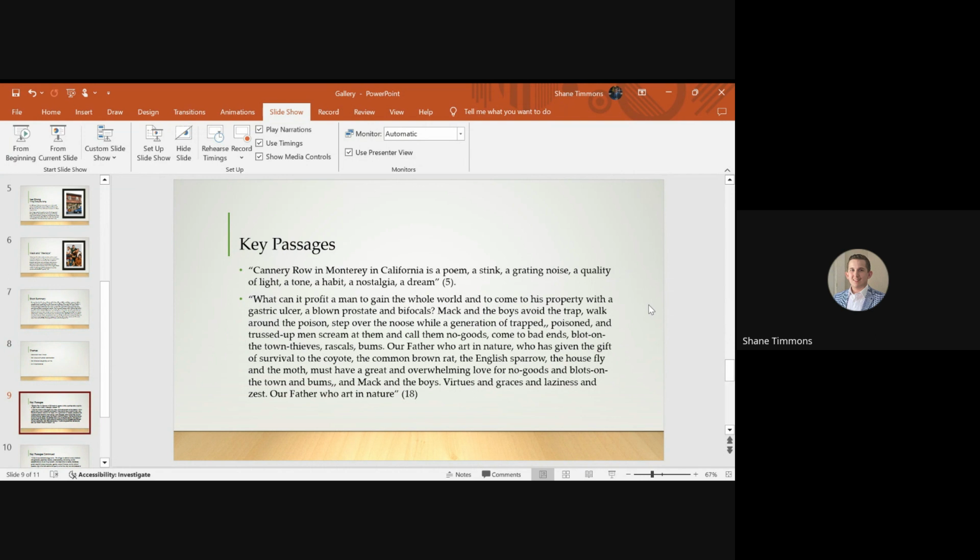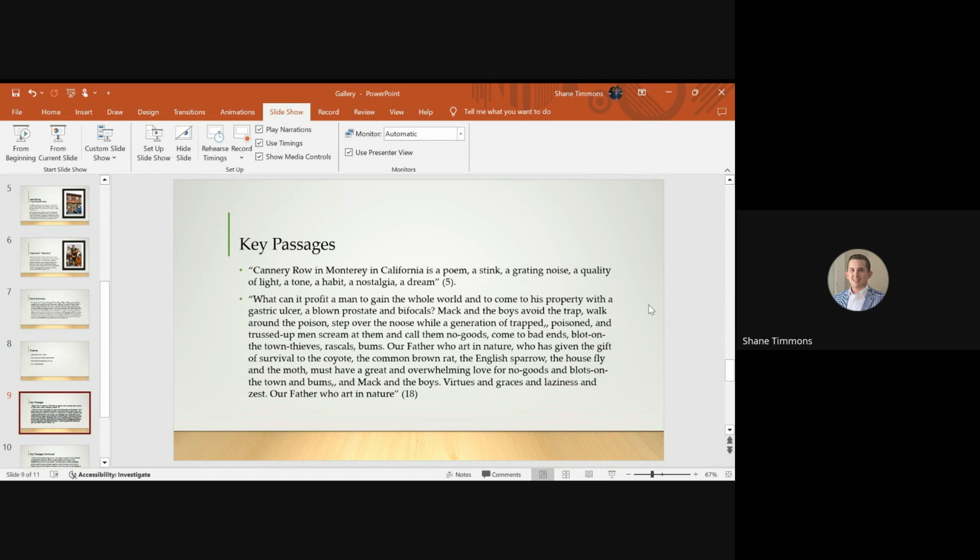What can it profit a man to gain the whole world and to come to his property with a gastric ulcer, a blown prostate, and bifocals? Mac and the boys avoid the trap, walk around the poison, step over the noose, while a generation of trapped, poisoned, and trussed up men scream at them and call them no goods, come to bad ends, blot on the town, thieves, rascals, bums.